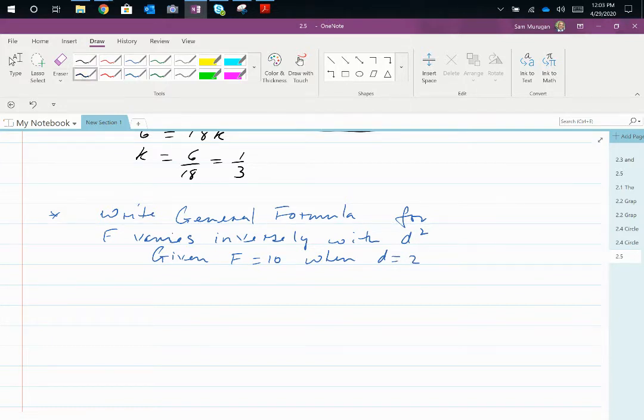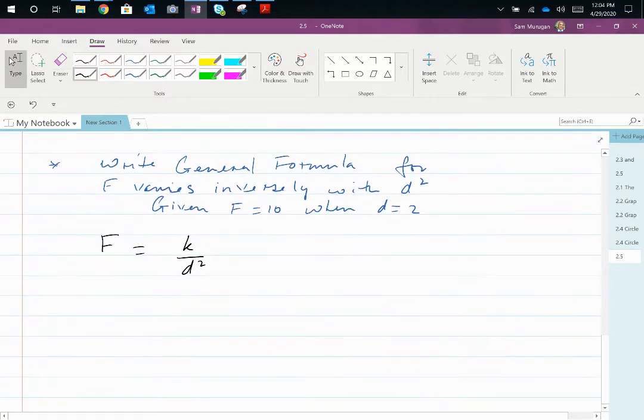So set up your variation. This is an inverse variation. F is equal to k over d squared. Substitute for F and d. So 10 is equal to k over 2 squared. So 10 is equal to k over 4.